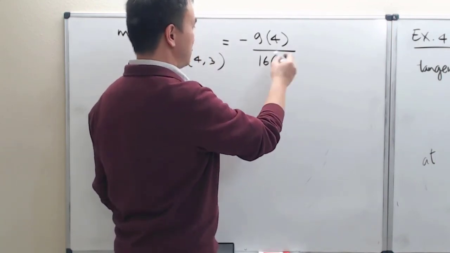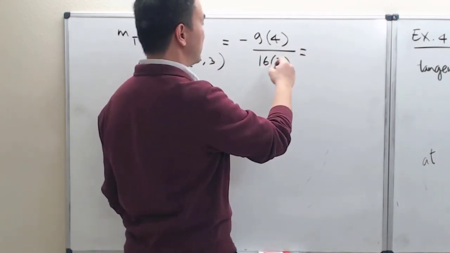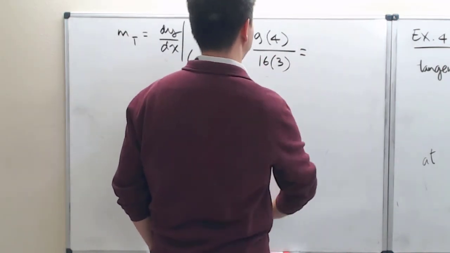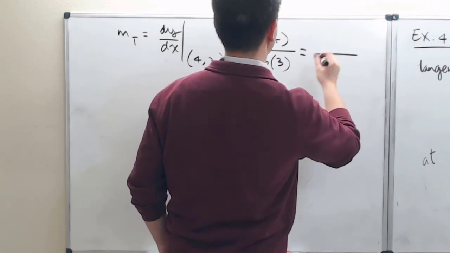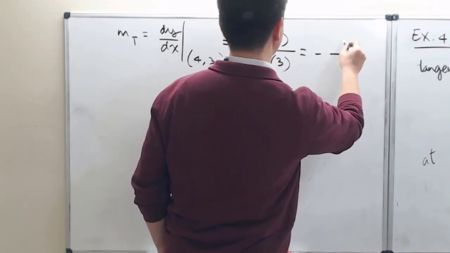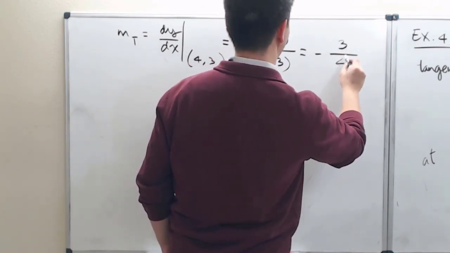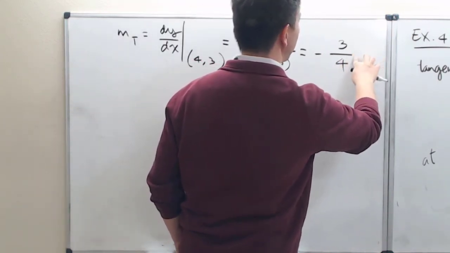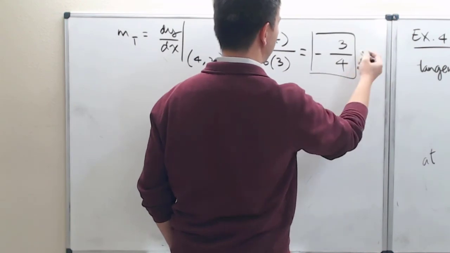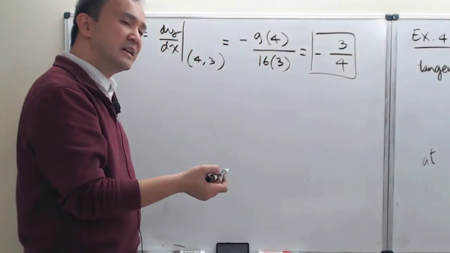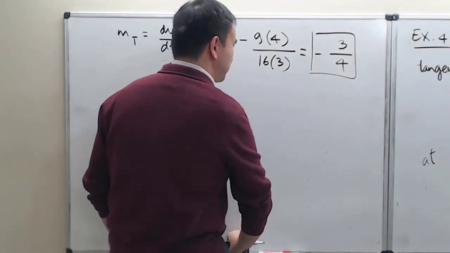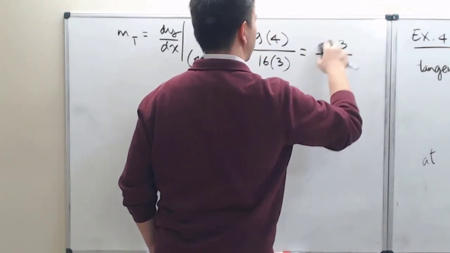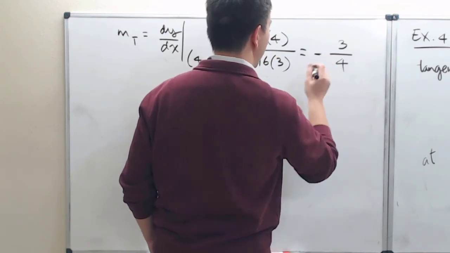Some algebraic cancellations come out, and we're looking at minus 3 over 4. I recommend keeping a fraction like that, or you can think of that as negative 0.75. So that's your slope, and I don't even think I need to put this in a box, because it's not even our final answer.